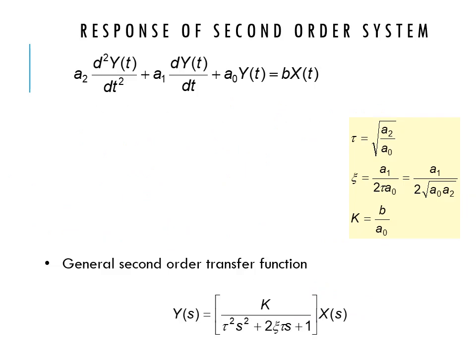After you replace the subtraction with the deviation variables, you will get this equation: a2 d2y(t) divided by dt square plus a1 dy(t) divided by dt plus a0 y(t) equals b dx(t).